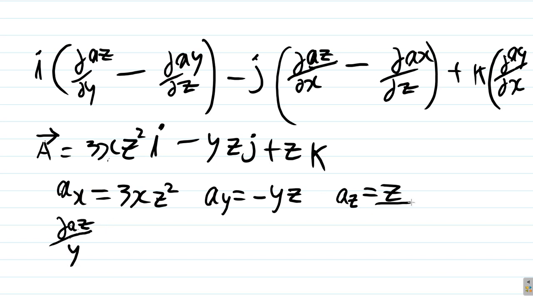Z would be just a constant, so it will be 0.